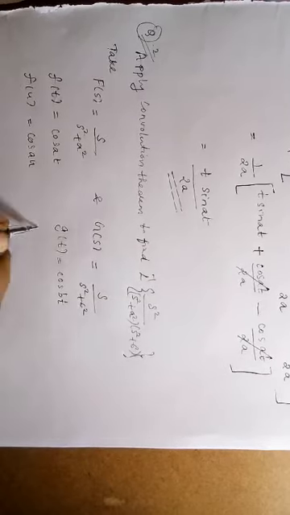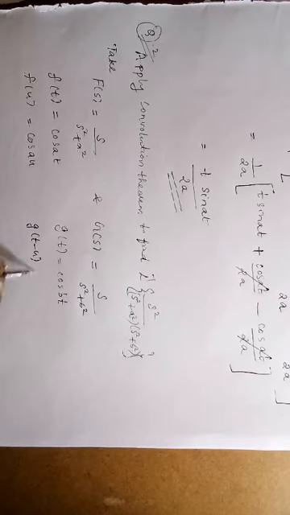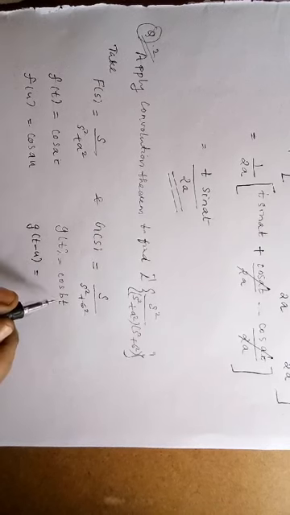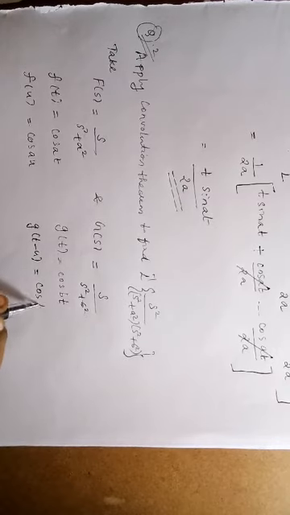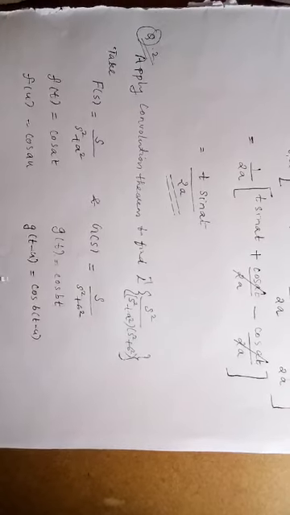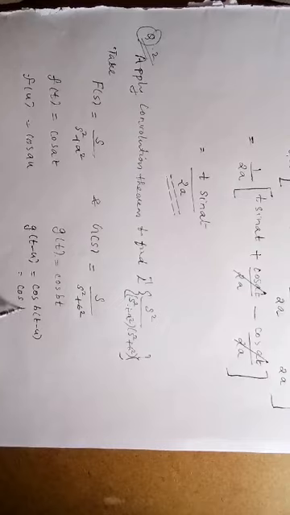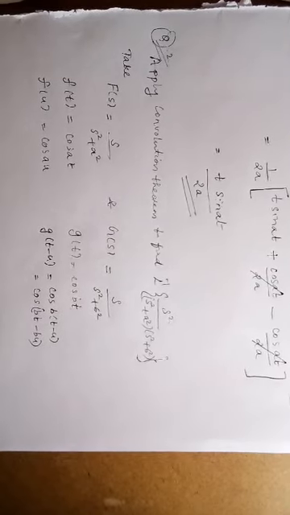Clear? Then next is g of t minus u. Write g of t as g of t minus u. So we have to change this t. Instead of t, we have to write it as t minus u. So cos b times t minus u, that is cos of bt minus bu.